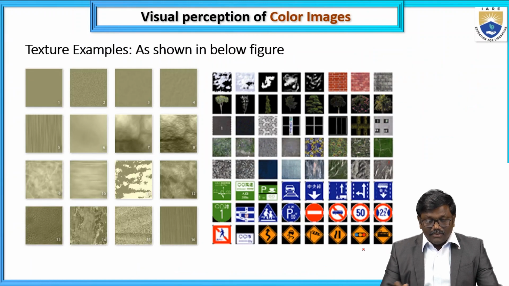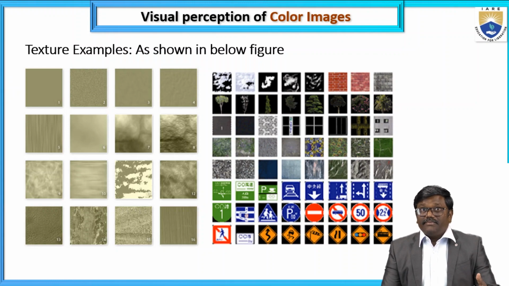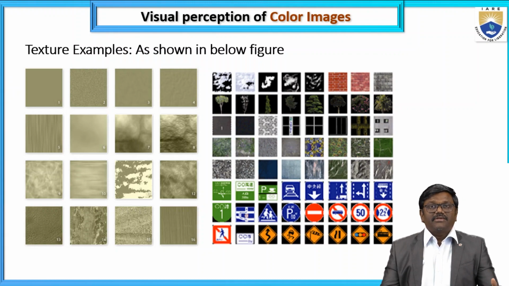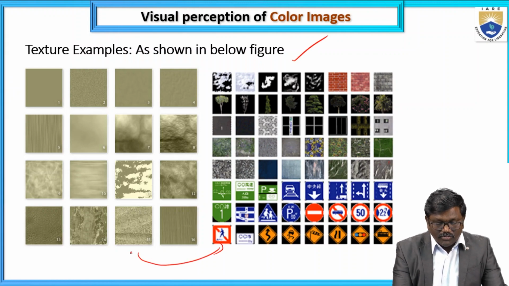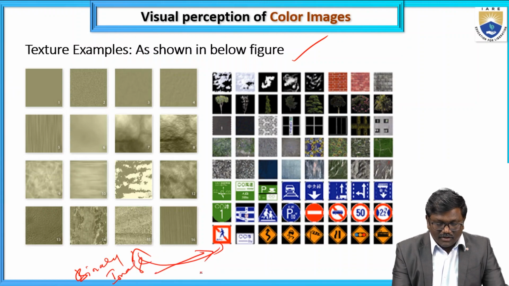So we are going to concentrate on certain example images, which we call structure examples, as shown in the figure below. You can compare how your binary image is, in terms of colors also.